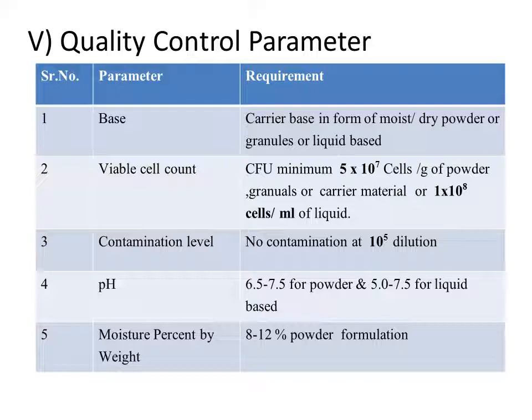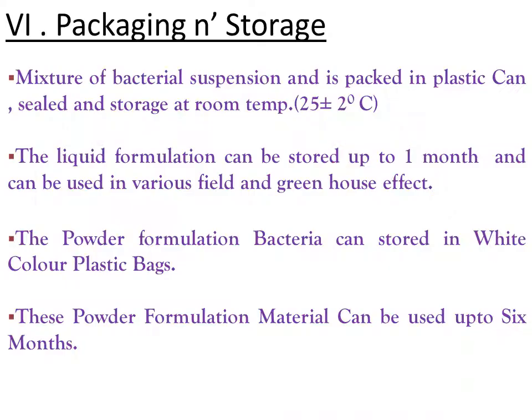Contamination should not be more than dilution with the dilution of this solution. pH should be 6.5 to 7.5 for the WP formulation, and for liquid it can vary from 5 to 7.5. Moisture should be about 8 to 12% in WP formulation carrier.